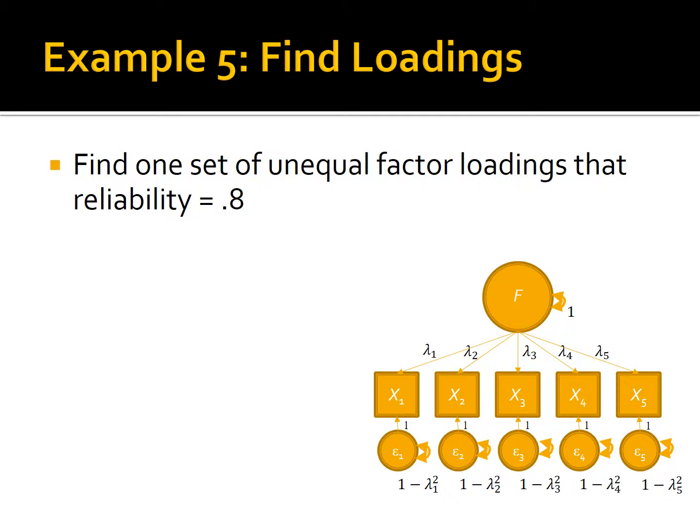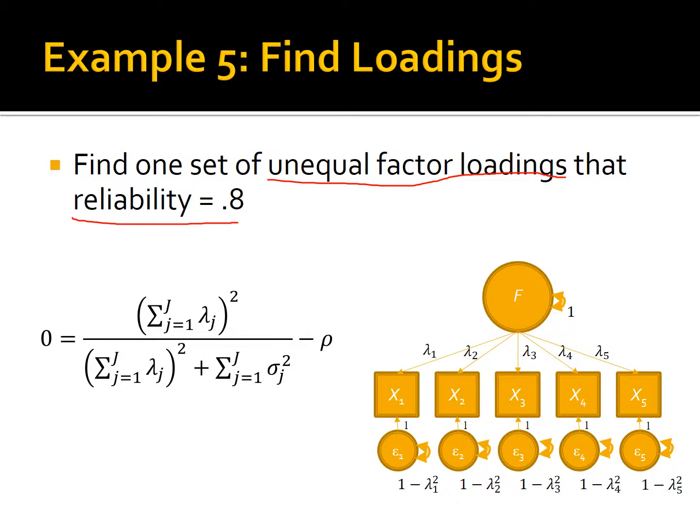Next, we can find the factor loadings. We would like to find one set of unequal factor loadings such that it provides a reliability of 0.8. This equation comes from the example from the single variable problem.